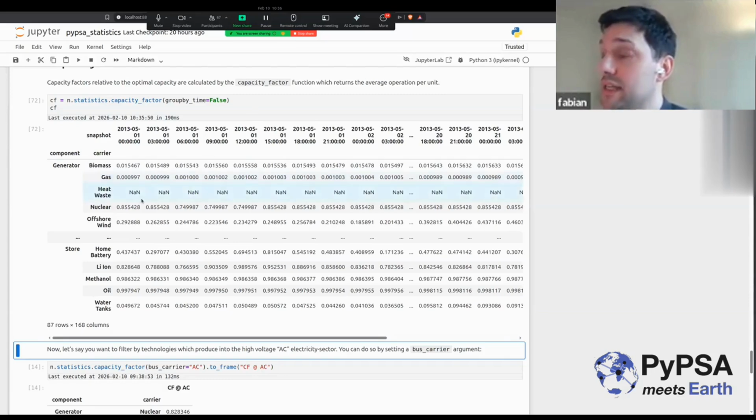That can be quite handy if you want to understand how the operation in your system behaves when it comes to stress on the system. Whenever there are high capacity factors on the transmission lines, for example, there's a lot of transmission going on, whereas for the renewables, you see high capacity factors in certain hours. So you get a good feeling for the relative operation happening in your network.